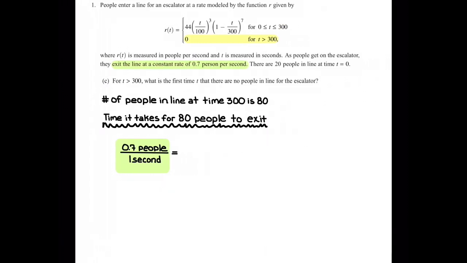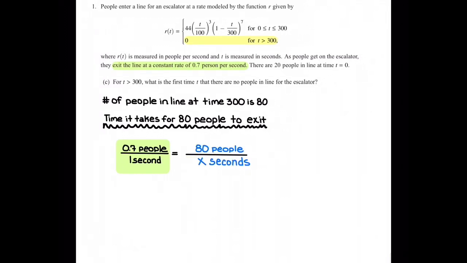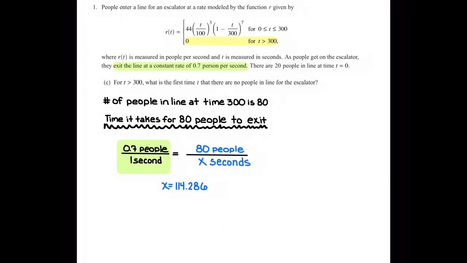If it takes 1 second for 0.7 people to exit the line, then how many seconds is it going to take for 80 people to exit the line? We can cross-multiply and divide to solve for x. X equals 114.286 seconds.